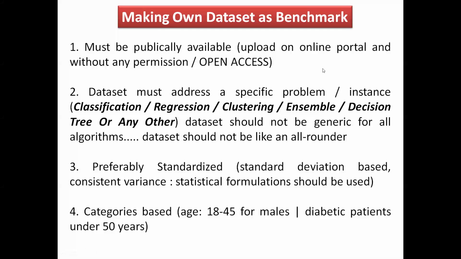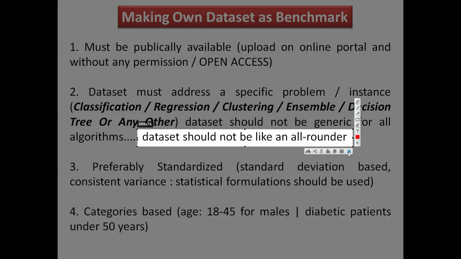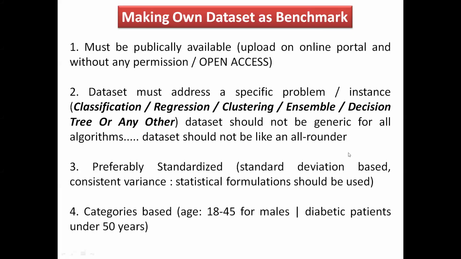It means your data set should not be all rounder. Data set should not be all rounder. All rounder means, for example, I have collected a data, and on that data clustering can be implemented, regression, classification, ensemble learning, decision tree, neural network, support vector classifier, convolutional neural network, time series, everything can be done.